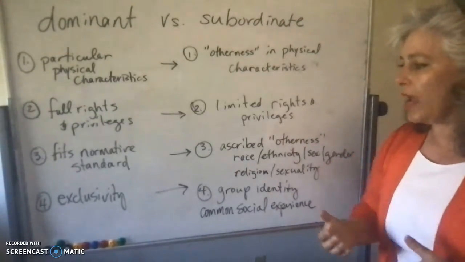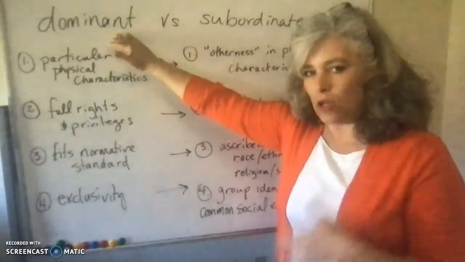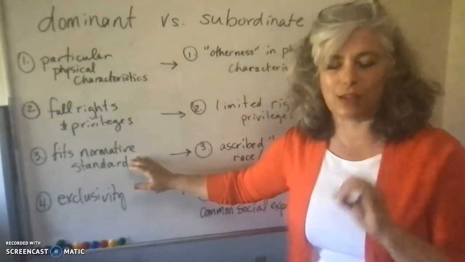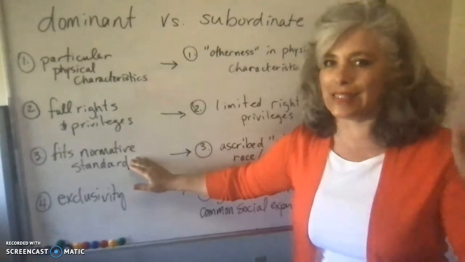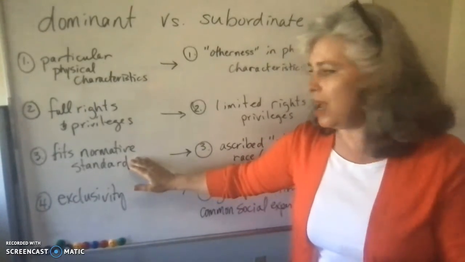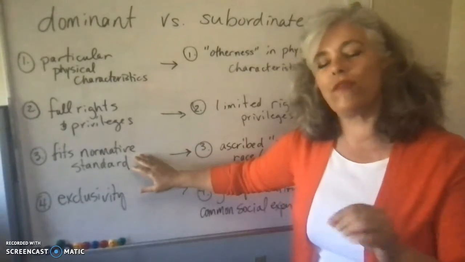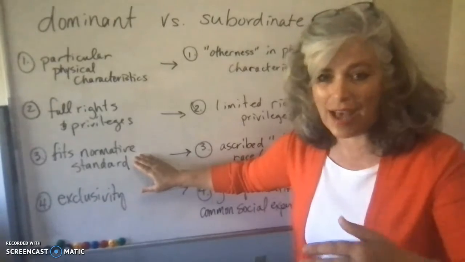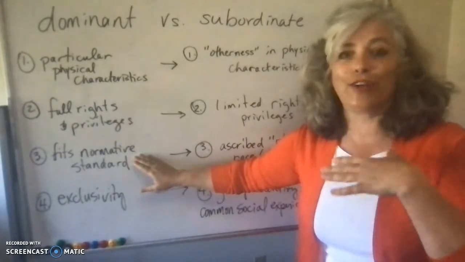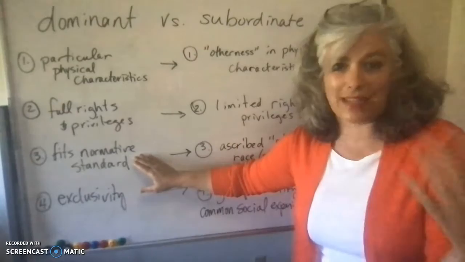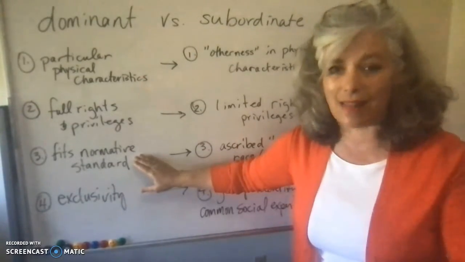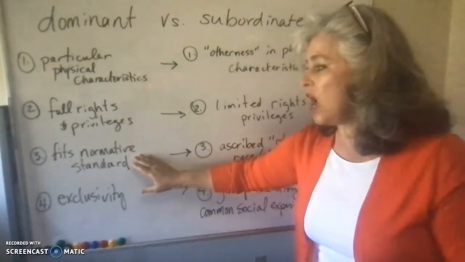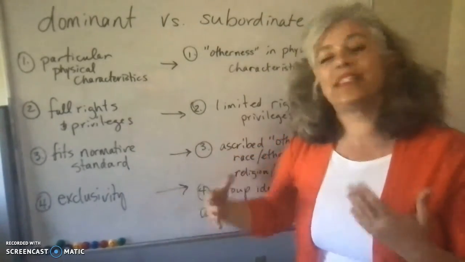Okay. So the dominant group also over time develops the macro scale set of norms and social facts that everybody in society is subjected to. Therefore, if you are a member of the dominant group, in your socialization process, you probably learned behaviors, standards for activities and goals in life, belief systems, and patterns of behavior that fit the normative standard.